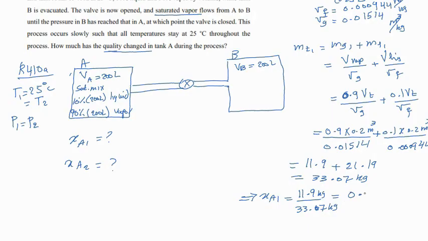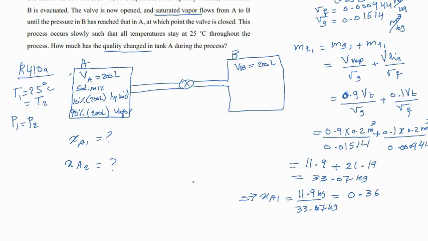This is 0.36. Now we need to find the quality in tank A after the valve is open. Now we don't have a lot of information anymore at tank A because we already have exhausted all the given in order to find the quality before the valve is open.